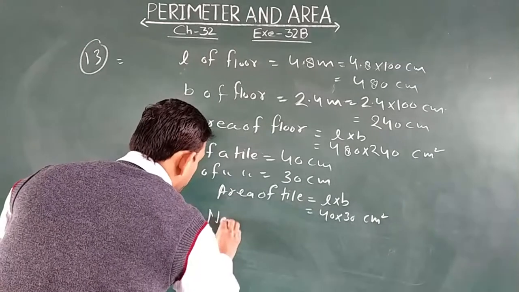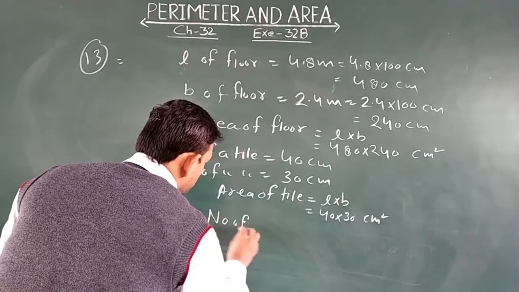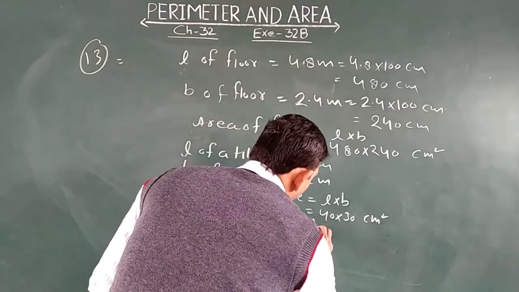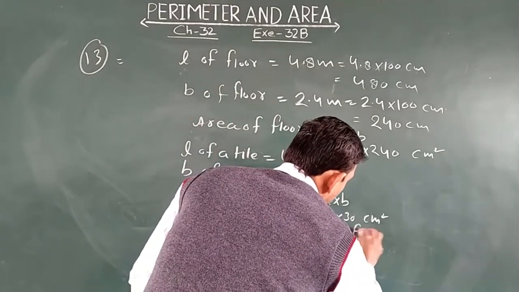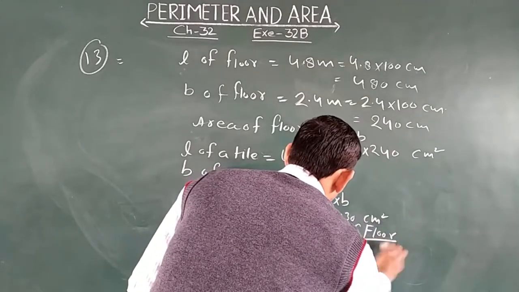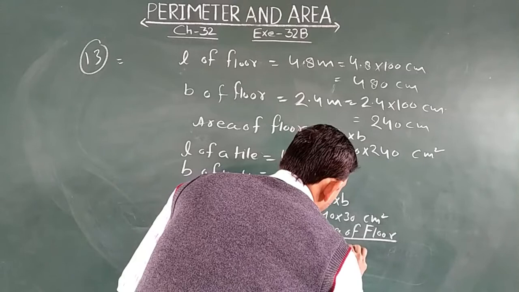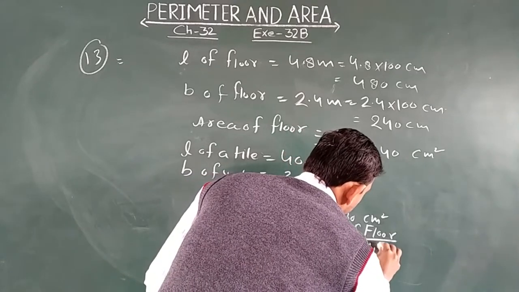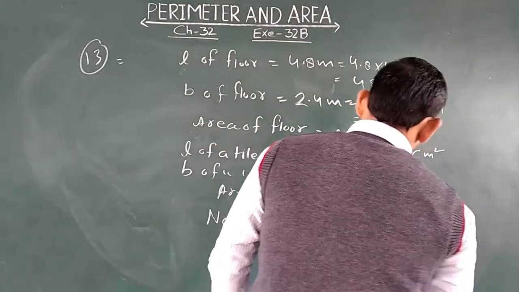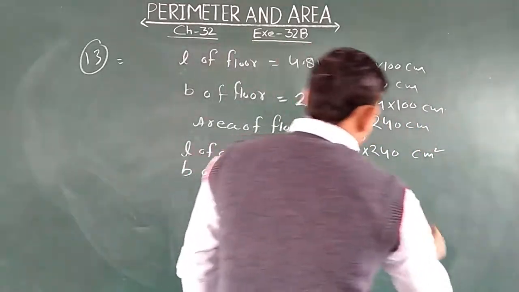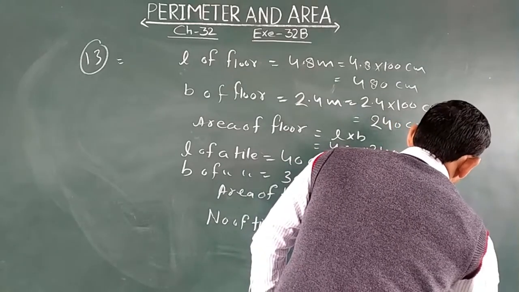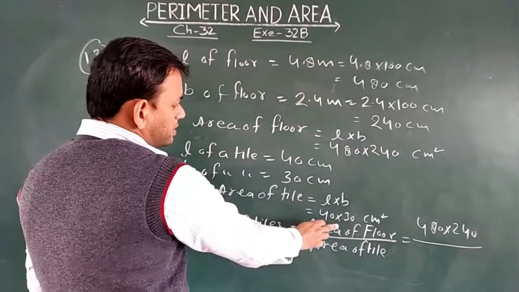So the number of tiles is equal to area of floor upon area of a single tile. Area of floor is given, we have got 480 into 240 upon area of tiles.